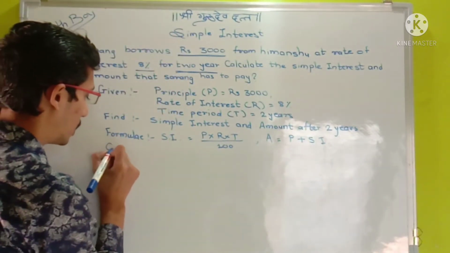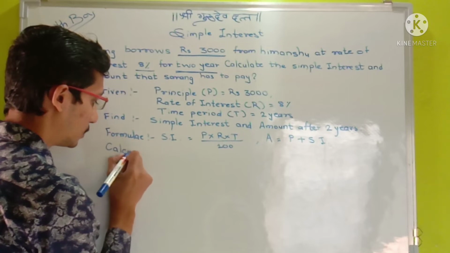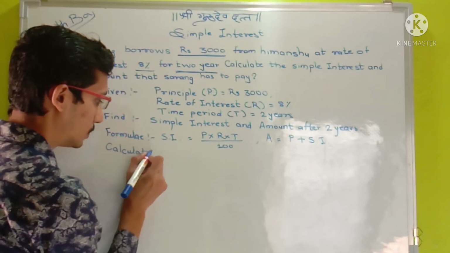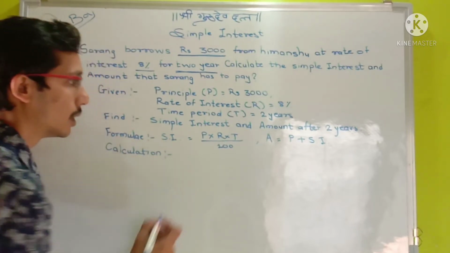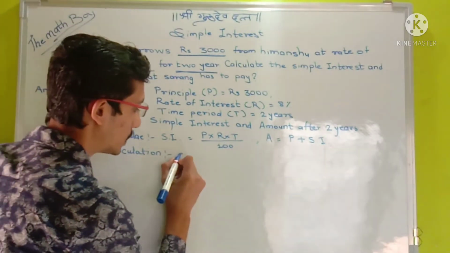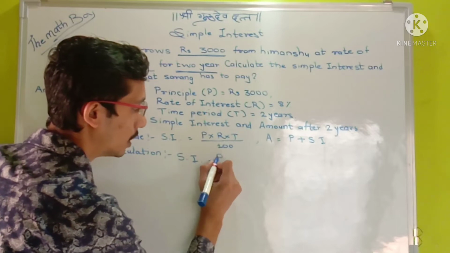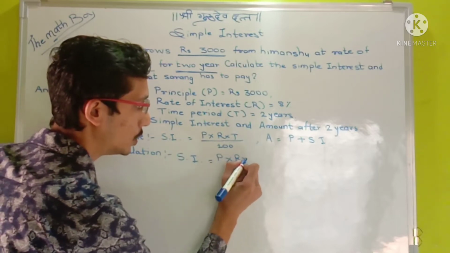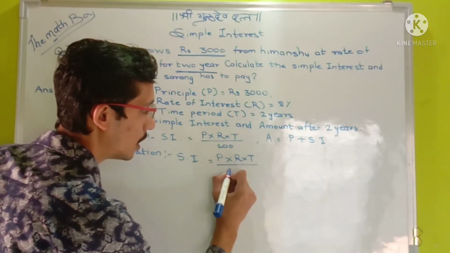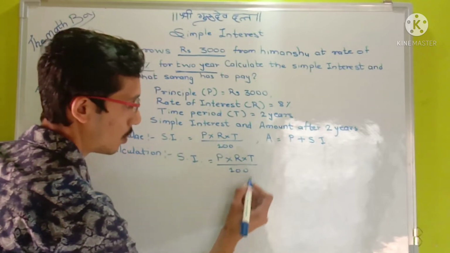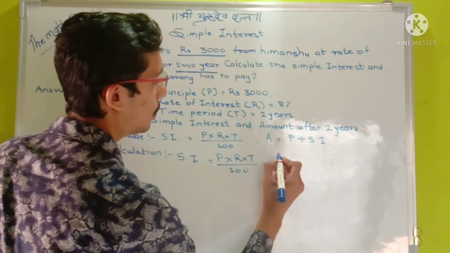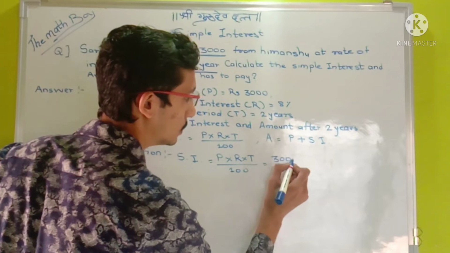So now we calculate the simple interest first. Simple interest SI equals P into R into T upon 100. What is P? P is rupees 3000.